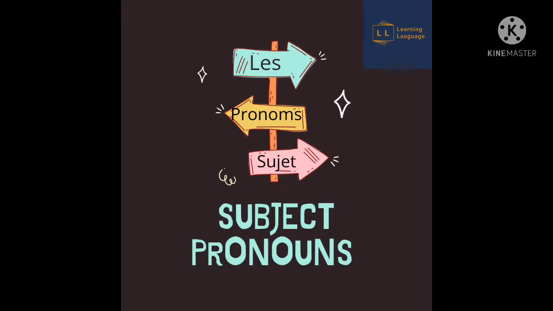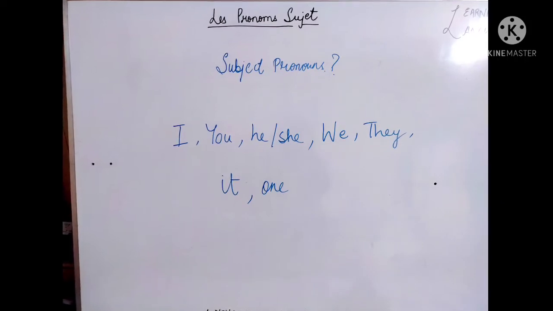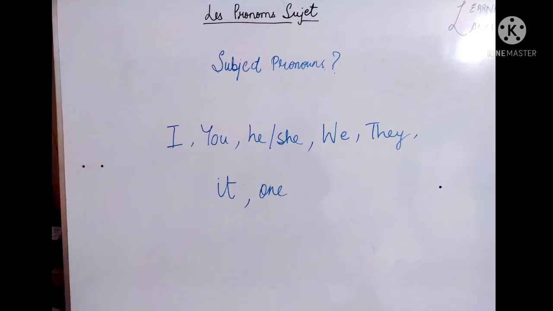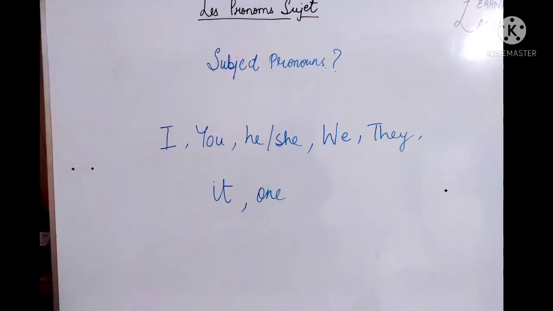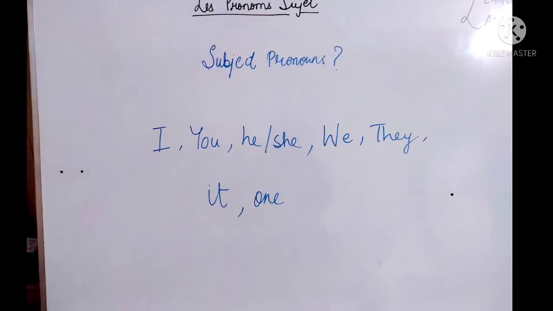Okay. Now let's start with English first. How many subject pronouns do we have? Just think over it. So in English we have I, you, he, she, we, they, it, one. Okay, so we will go one by one with each and every pronoun.